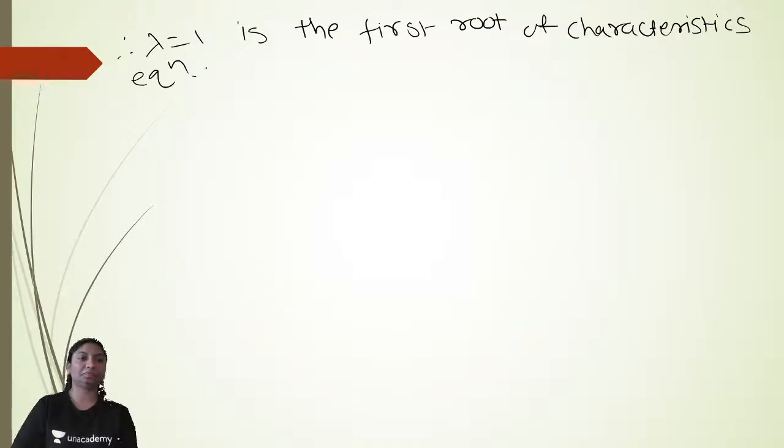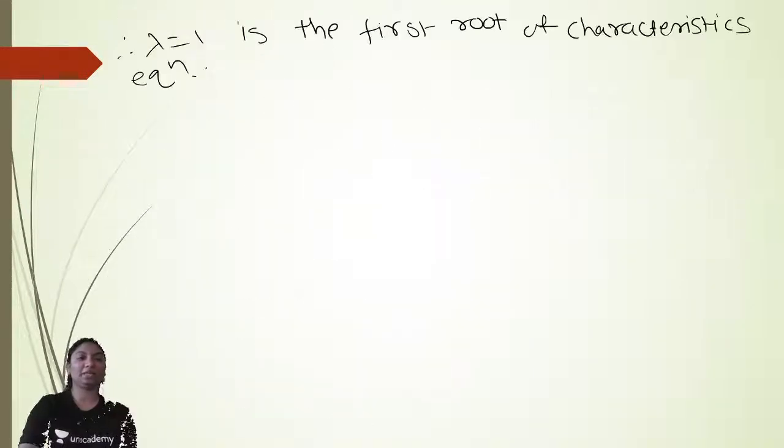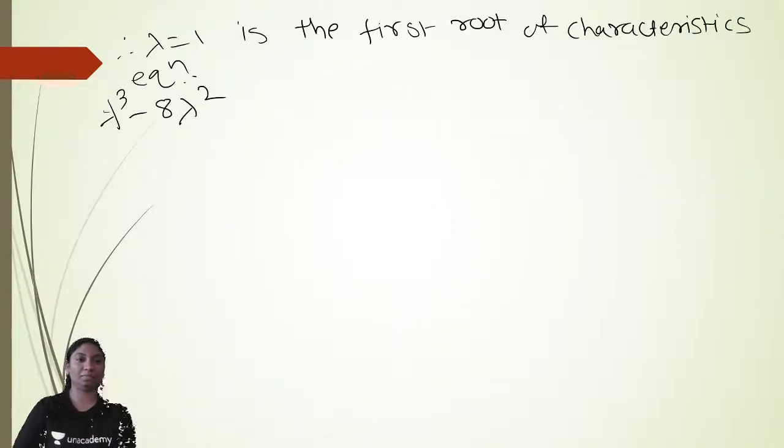Now see, we have lambda cube minus 8 lambda square plus 17 lambda minus 10 is equal to 0.